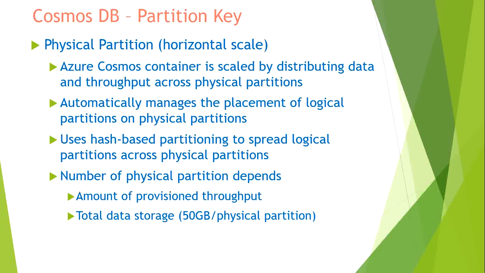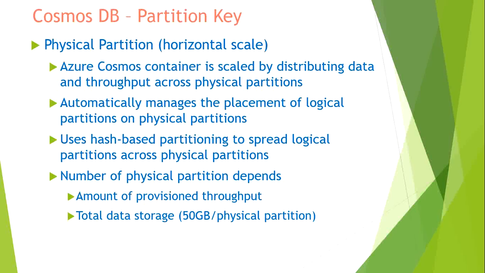It's quite possible that, let's suppose for example, we have 100 logical partitions, but the 100 logical partitions don't need 100 physical partitions. We can have only 10 physical partitions, and each physical partition contains 10 logical partitions. And this is completely managed by Azure.